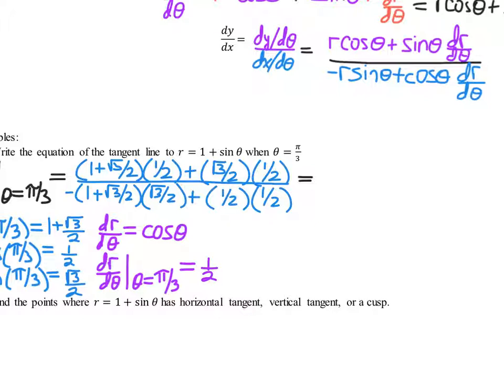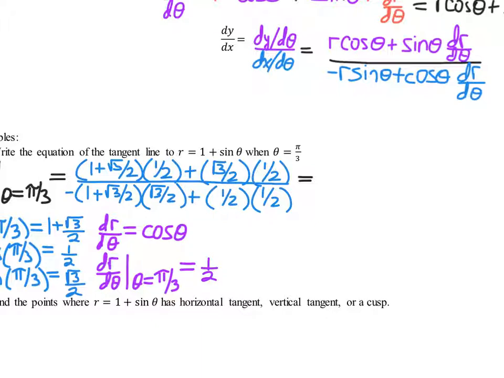Just for the sake of sanity, if you were to carry out some of these calculations, you'd see that the denominators across the board would be 4, right? Because, at least, except for this one here. So if we were to multiply through with a 4, that would clear out all of our denominators.